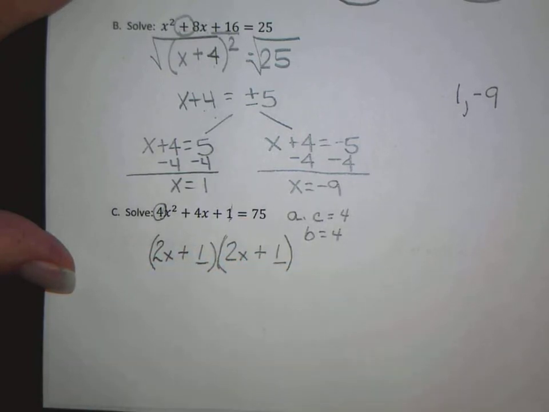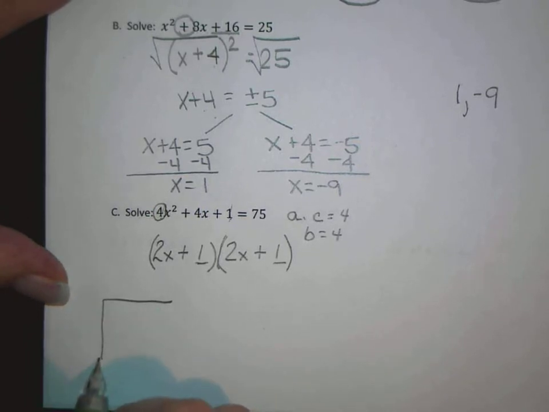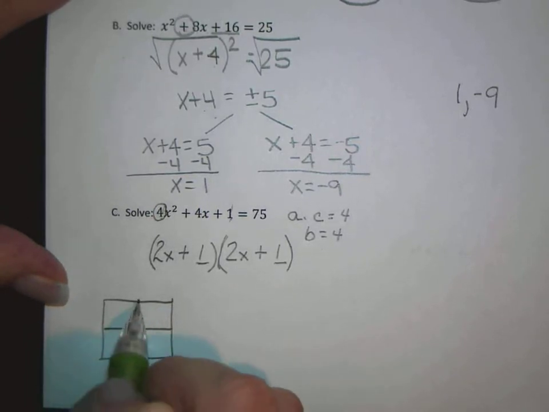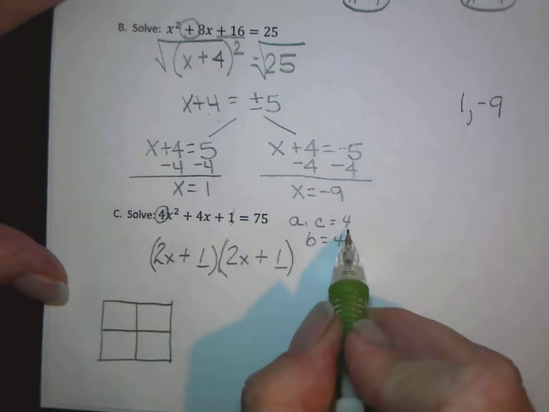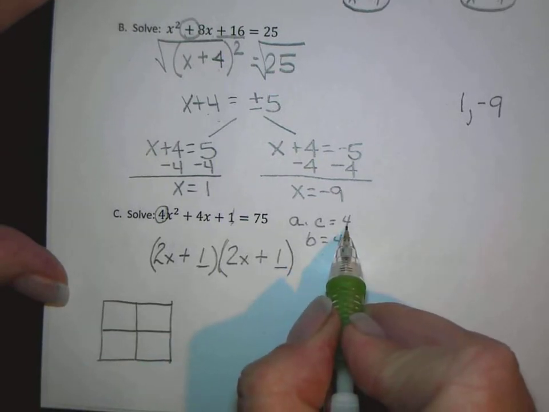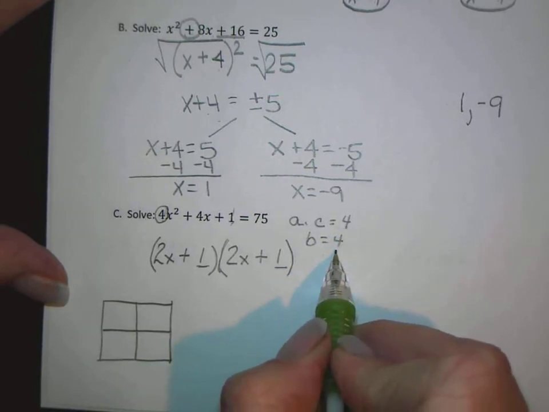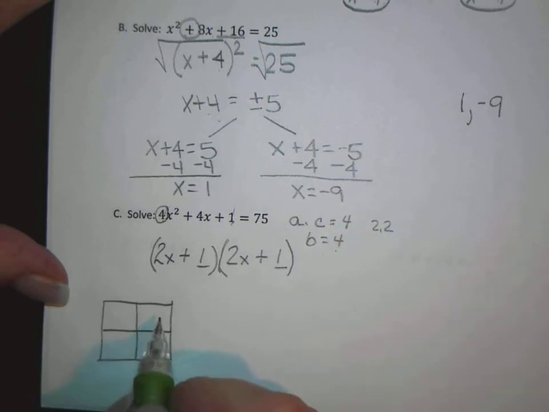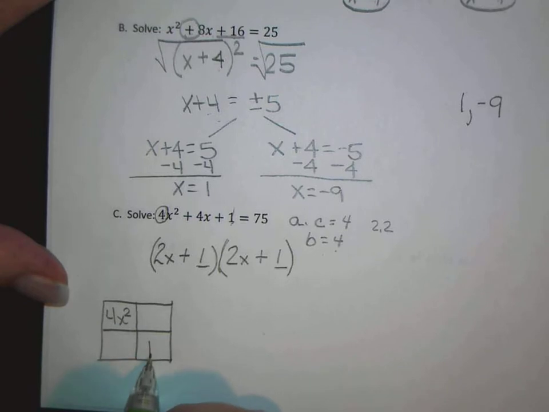Now, I want to tell you, you can do the box method, if you want to go ahead and do the factoring, and those of you who struggle with it, that's fine. So you're looking for two numbers you would multiply together to get 4, but add together to get 4. Oh, that's 2 and 2. So remember the box method? 4x squared here, 1 here, 2x here, and 2x here. Now you're going to pull your GCF out of here.